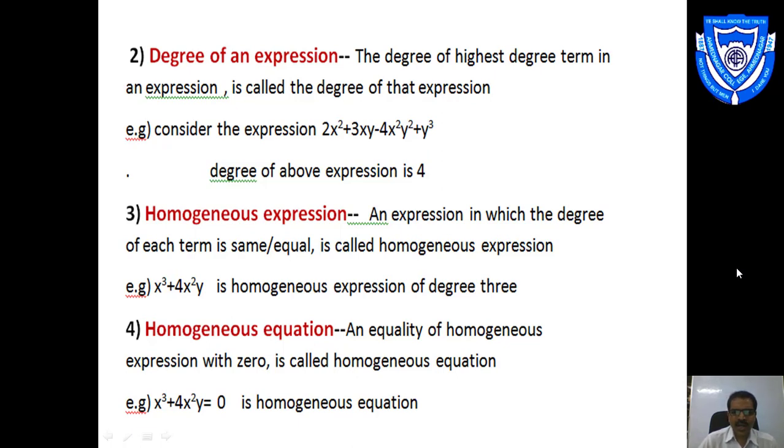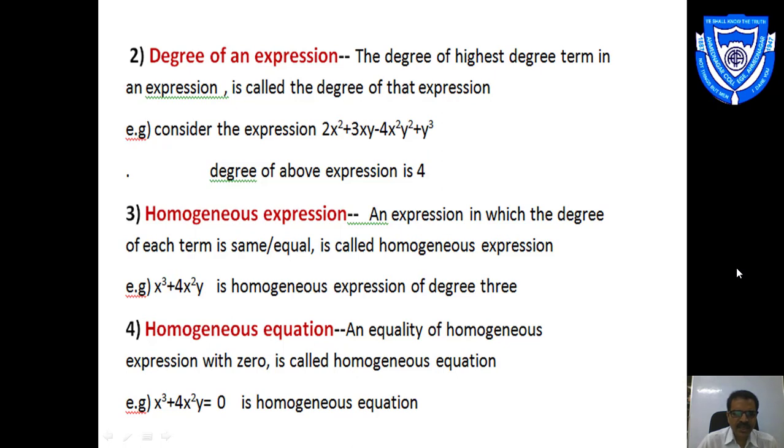In short, an equality of a homogeneous expression with 0 is called a homogeneous equation. Take any homogeneous expression and equate it with 0, and that equality is considered to be a homogeneous equation. For example, consider the equality x cube plus 4x square y equal to 0.